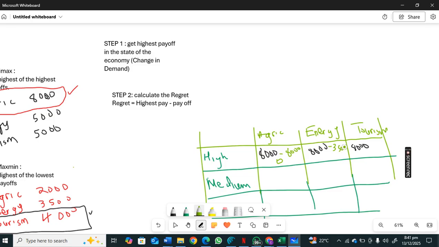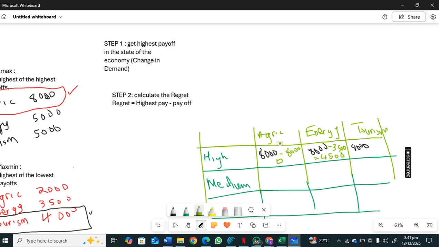So 8,000 minus 3,500, we get 4,500, which is telling us that when demand is high and you choose to invest in the energy sector, you can lose out 4,500.